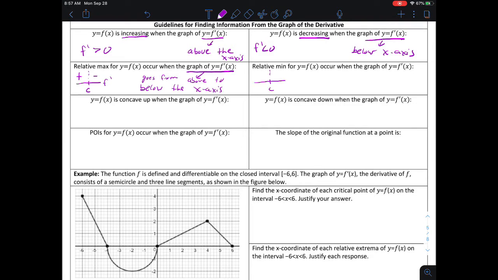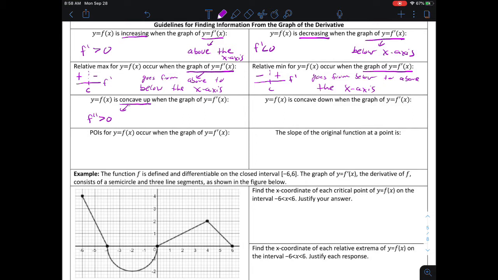Likewise, we'll have a relative minimum for f of x where we go from decreasing to increasing, which means my first derivative goes from negative to positive, which graphically means it goes from below the x-axis to above the x-axis.